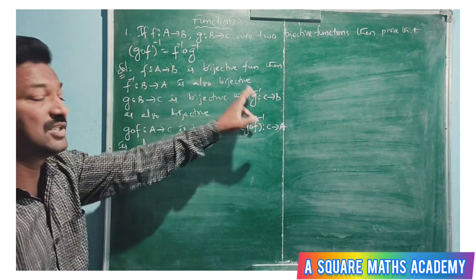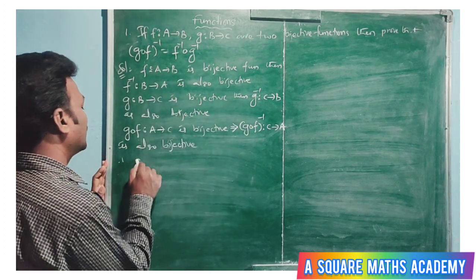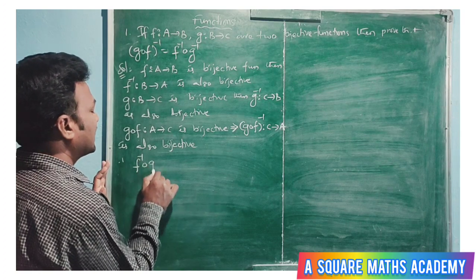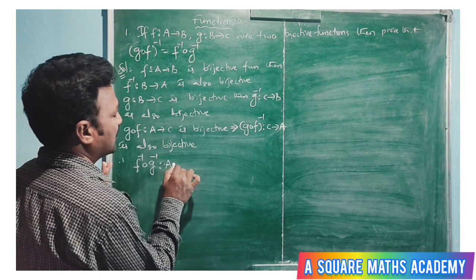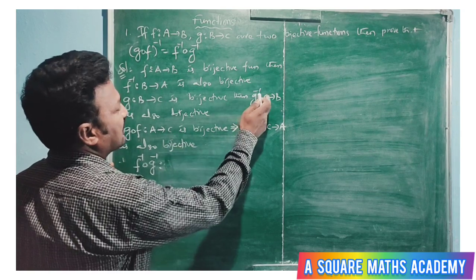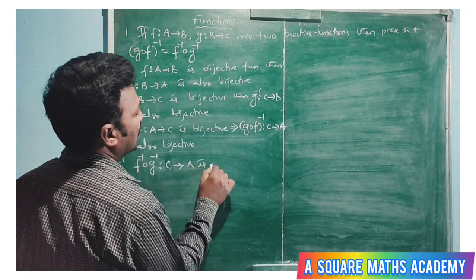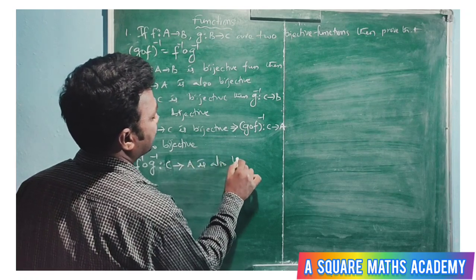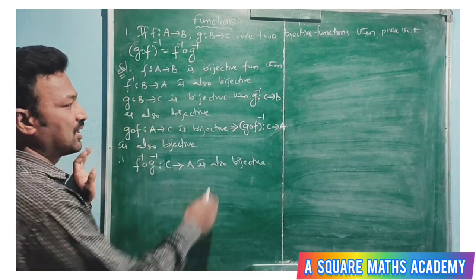Then the combination of these two inverse functions is also bijective. So therefore f⁻¹∘g⁻¹, from C to A, is also bijective.